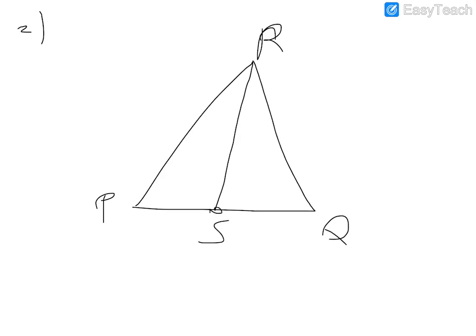I'll call this point S. And I will say this explicitly, RS is an angle bisector. And let's see, we'll extend PQ to this point, let's call it D. And we'll draw another line here, call it C.